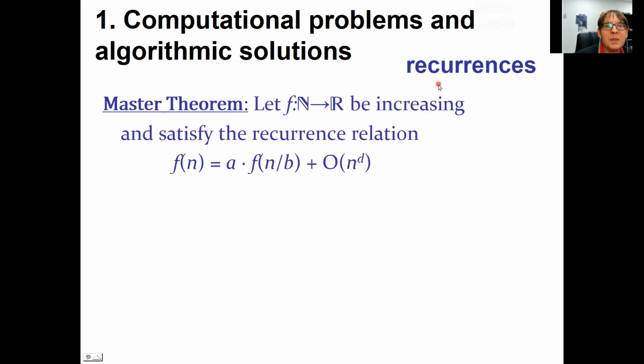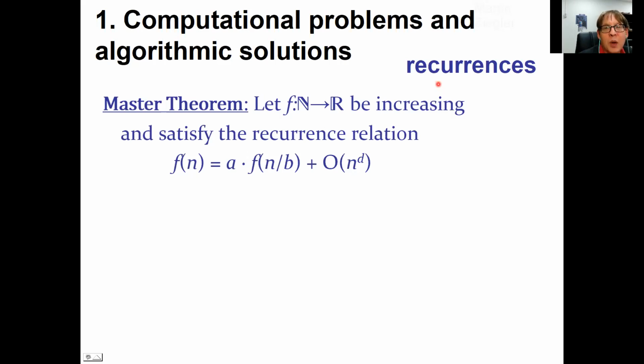So here's the master theorem. Let f be a function from natural numbers to the reals. You can imagine that to be a sequence indexed with natural numbers. So the values of that sequence are positive real numbers. And let's suppose that the function satisfies the following recurrence relation.